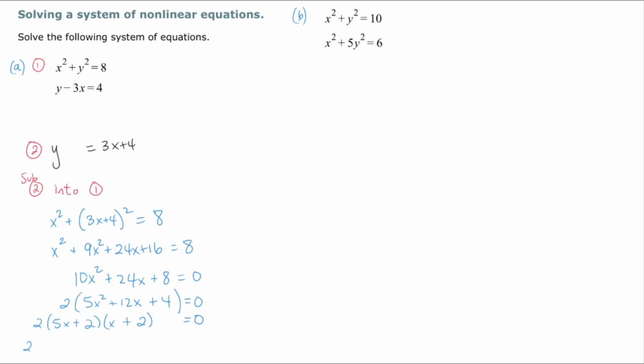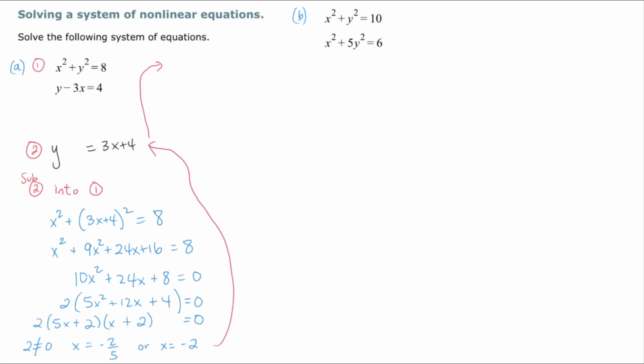Now 2 is a factor that's not equal to 0. However, we do get x equals negative 2 halves. I'm sorry, negative 2 fifths. Or we get what? x equals negative 2. So how do we get our y values? Well, then we go back to equation 2. So I'm going to bounce off of equation 2 here, and let's solve for y.